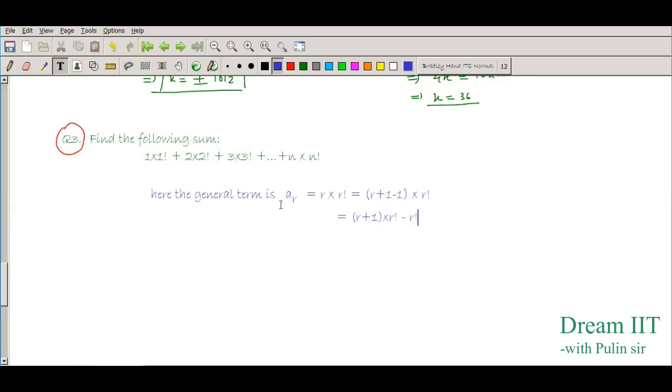Fine. If I write it like this, in the next moment I can say that this is r plus 1 factorial minus r factorial. Great. So what did I do actually? Every general term has been expressed in the form of r plus 1 factorial minus r factorial.